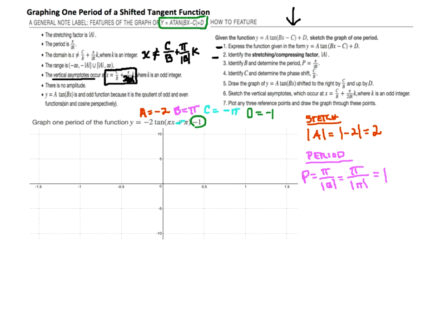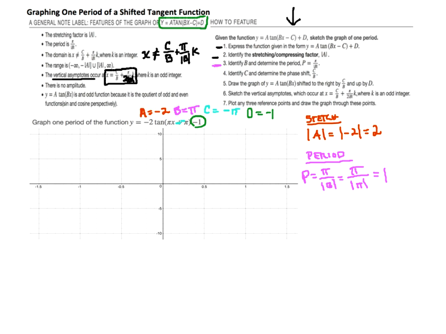Okay, so that was this one right here. I now need to determine my phase shift. Okay, this is where I'm going to start grabbing the other coordinate for where my origin moved to, where 0, 0 actually moves to. That gives me my shift.